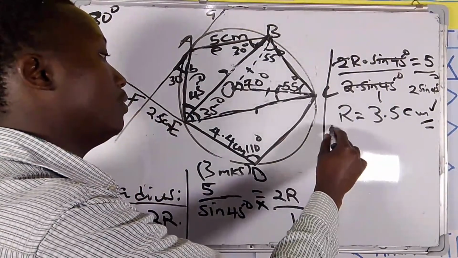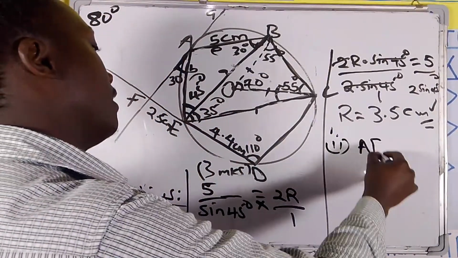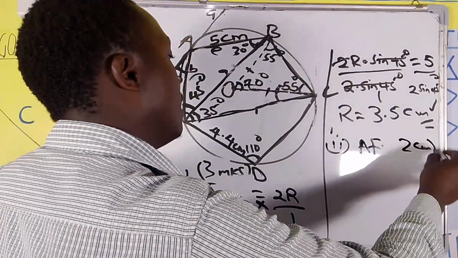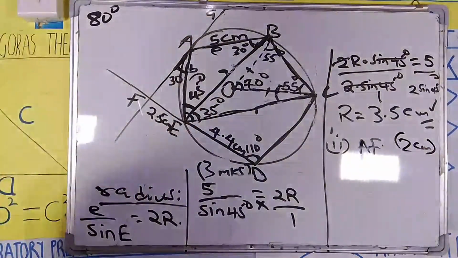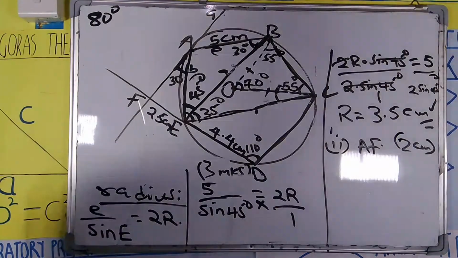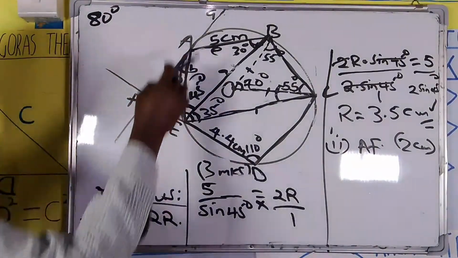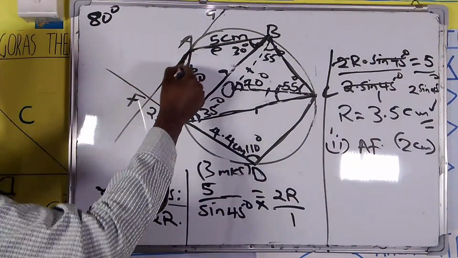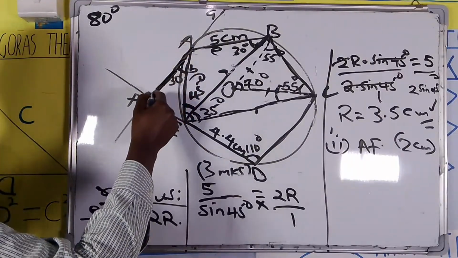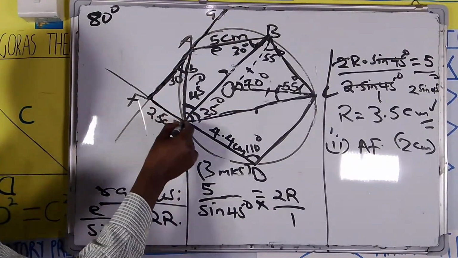Then Roman 2, tunaambiwa the length of line AF. Line AF ni kutoka hapa mpaka hapa. This one is a tangent, inakuja inashikana na hii.